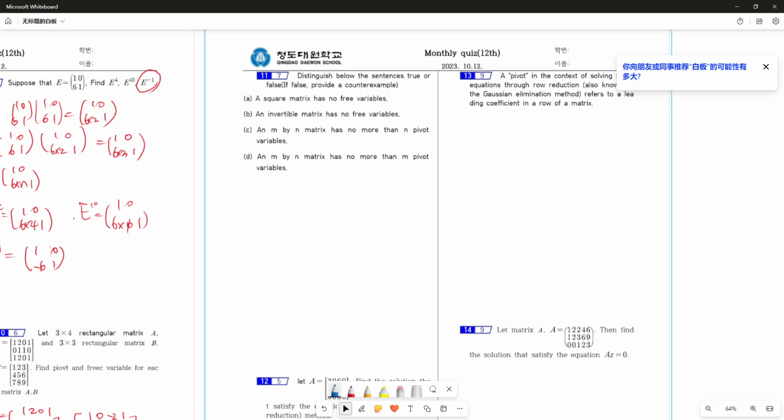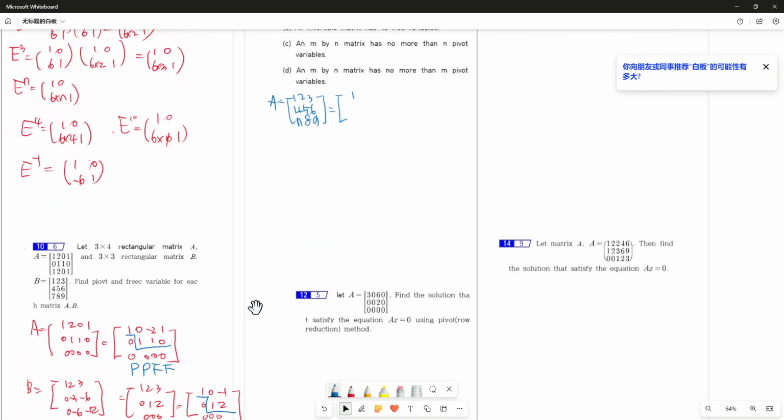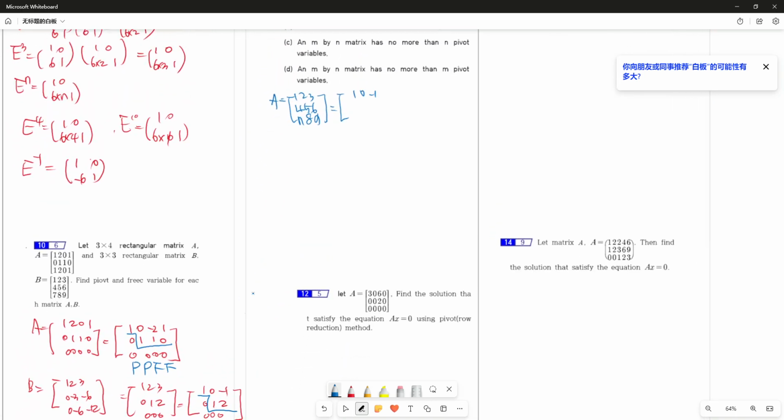Okay, in case of A, a square matrix has no free value. No. In case of some A, let A equal 1 2 3, from the previous equation, and 4 5 6 7 8 9, can be transformed to the reduced echelon form, then the last result is 1 0 9 and 0 1 2 and 1 0 0 0.